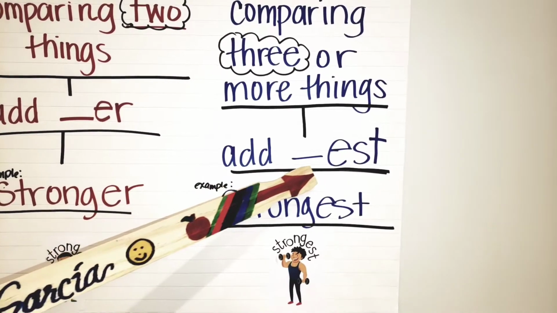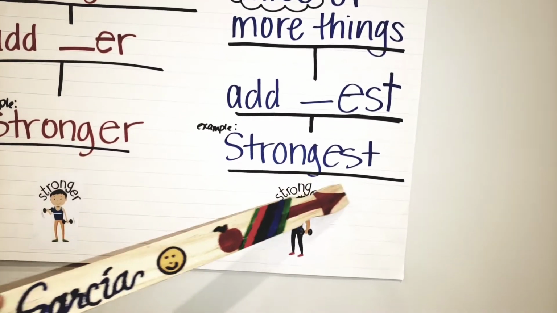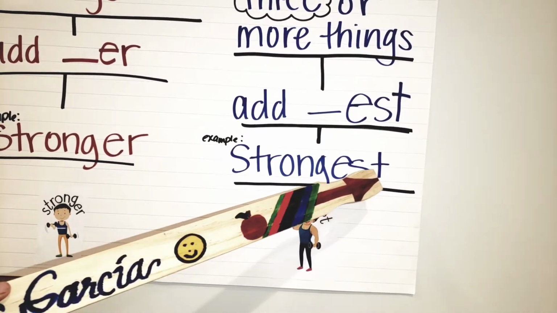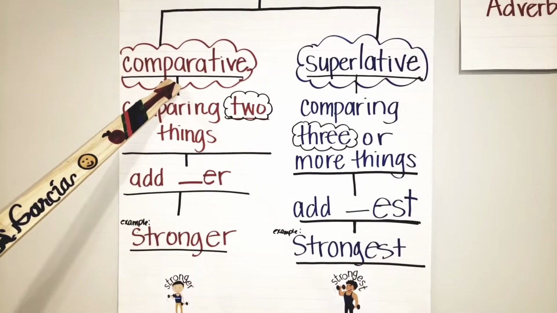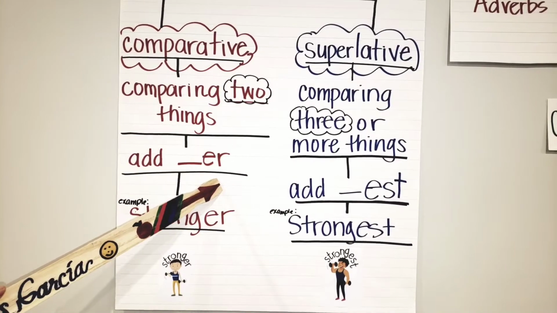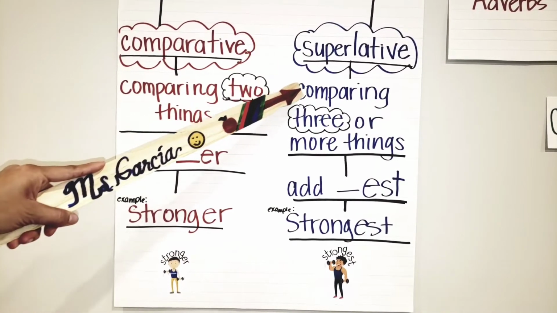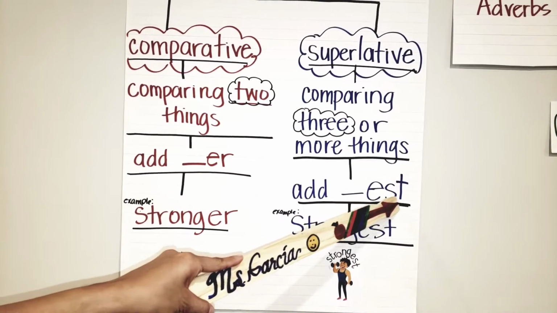For example, strongest. Now let's review. Comparative, you're comparing two things, ends in ER. Superlative, you compare three or more things and it ends in EST.